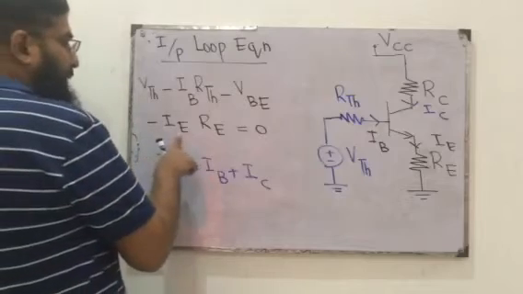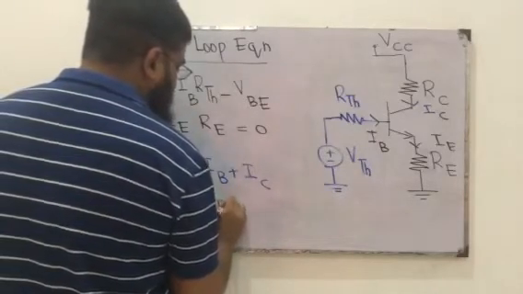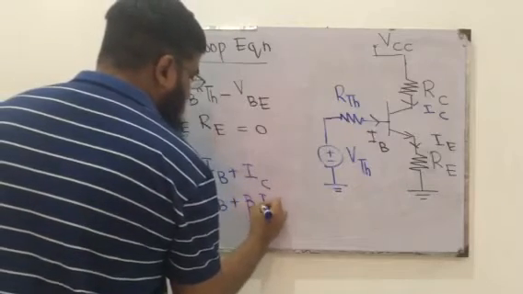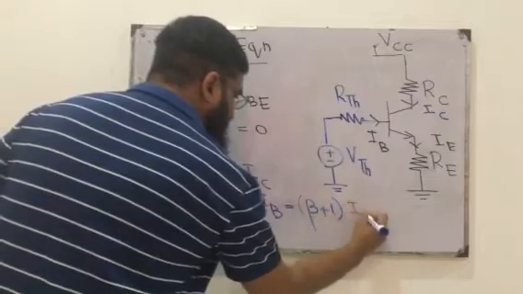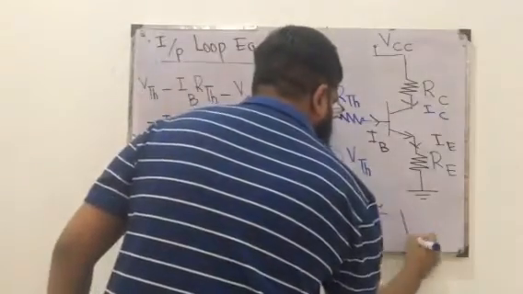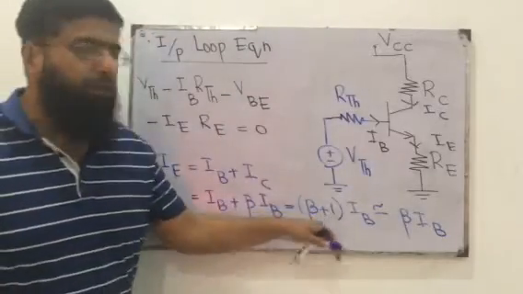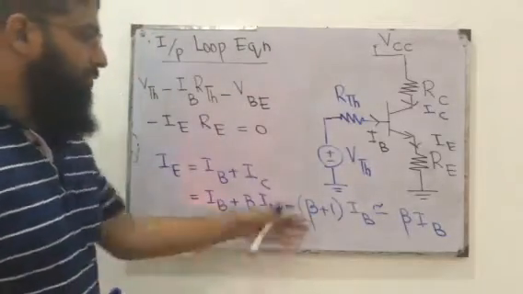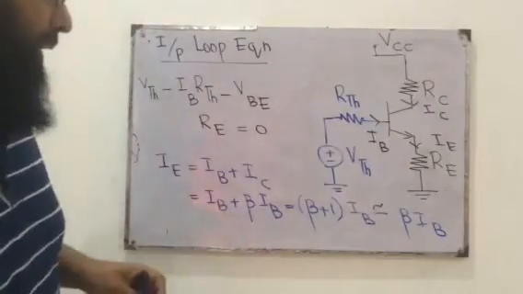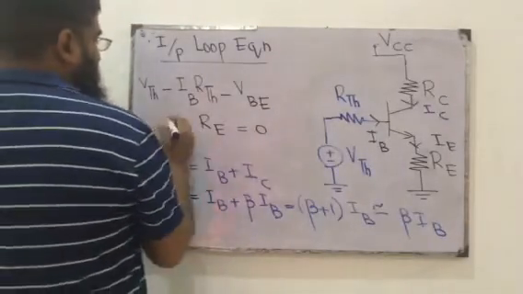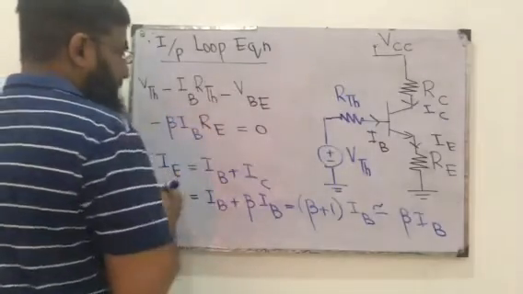IC can be written as beta IB, so IE is beta plus 1 times IB, or approximately beta times IB, because beta is usually large, so adding 1 makes no significant difference.